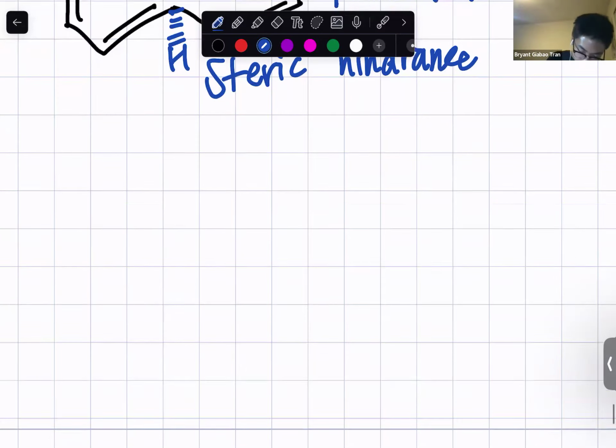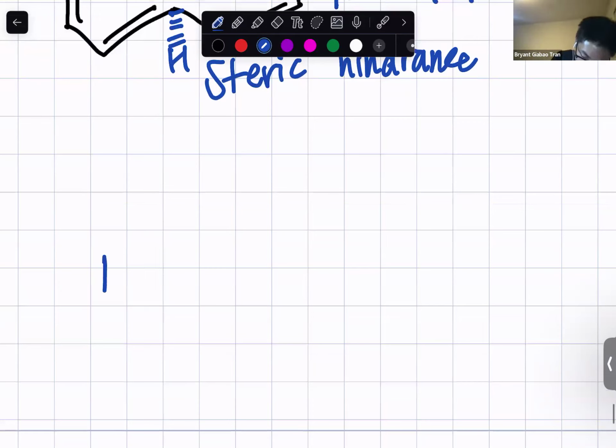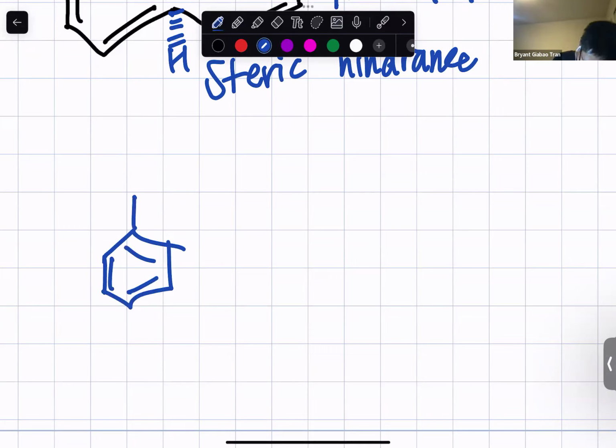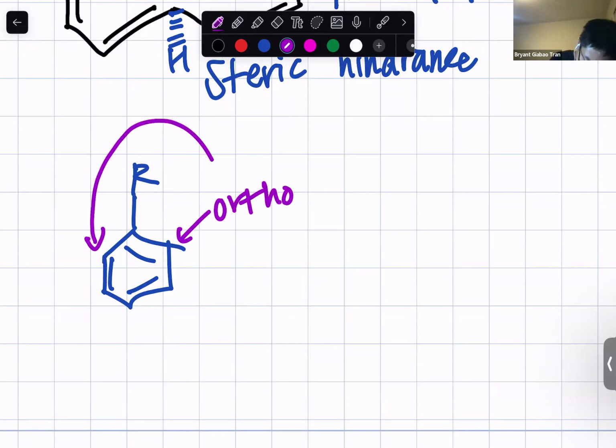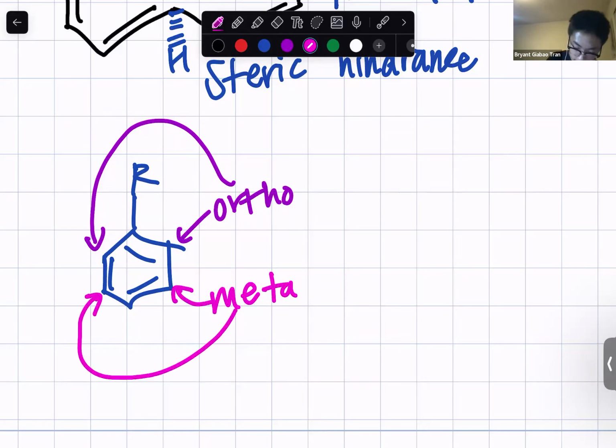Let's say we had some kind of benzene ring here with some kind of random substituent. One carbon away from that substituent is the ortho position. Two carbons away from that substituent is the meta position.